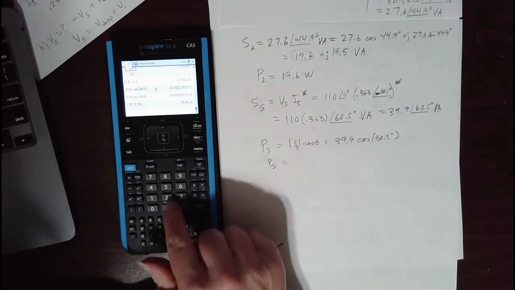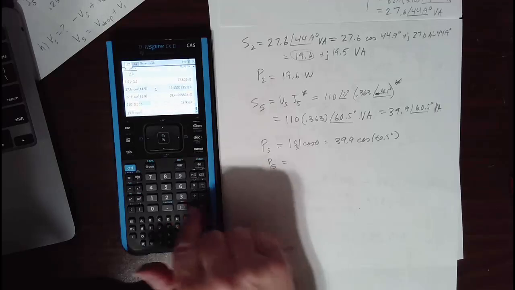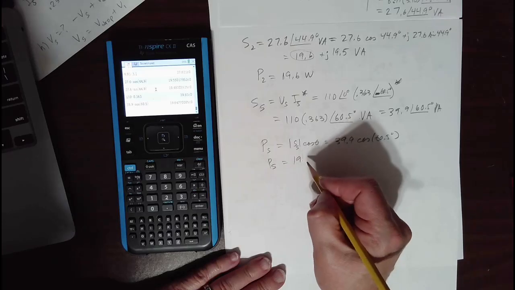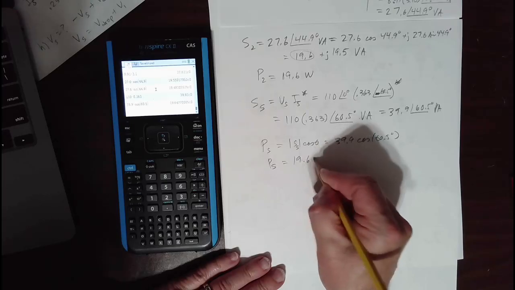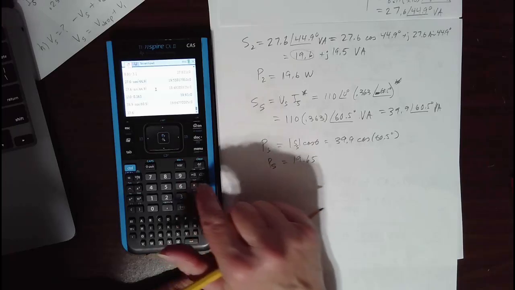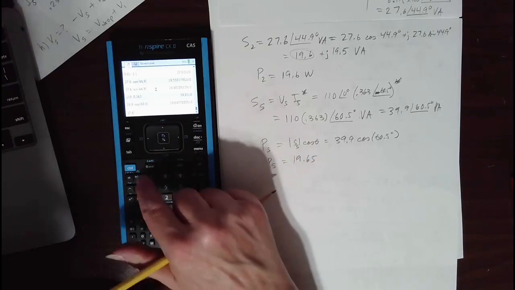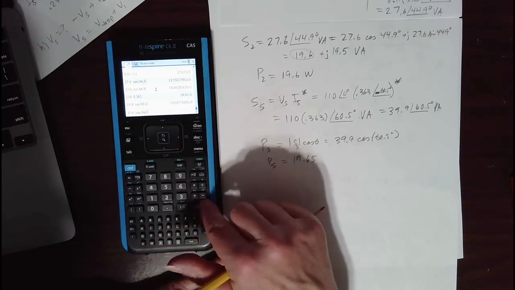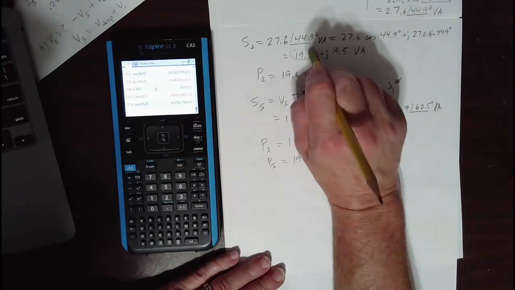So PS is 19.65. And let's redo this one. 27.6. We're kind of cheating on the sig figs here. 27.6 times cosine of 44.9, 19.55.